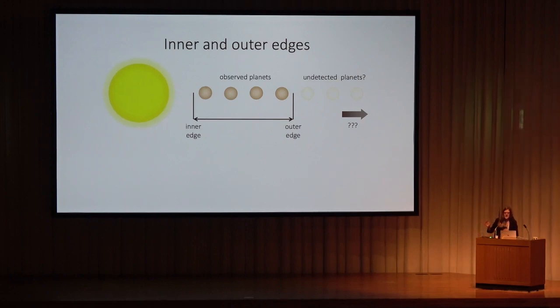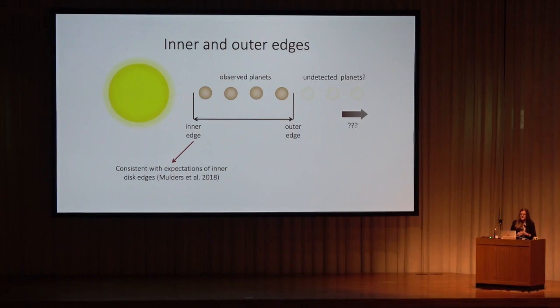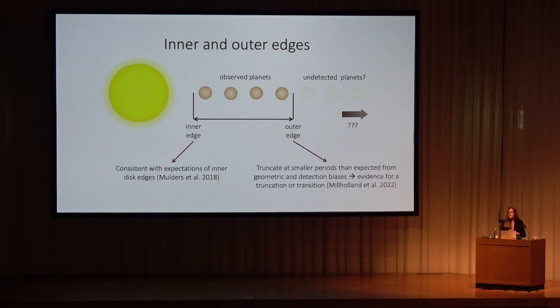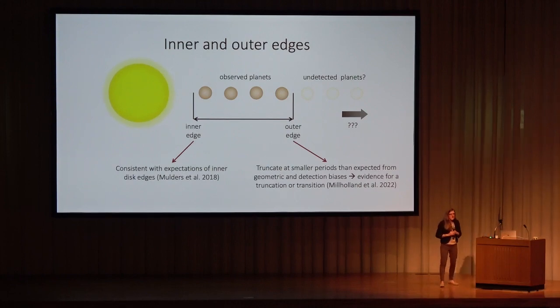However, we can sort of account for this by statistically modeling the selection biases, and we see that the inner edges appear to be consistent with expectations of the inner edges of protoplanetary disks, whereas the outer edges, on the other hand, appear to truncate at smaller orbital periods than expected from geometric and detection biases alone, suggesting that there is some sort of truncation or transition in the outer regions of these systems, that the compact multis are sort of limited to the inner parts of these systems.